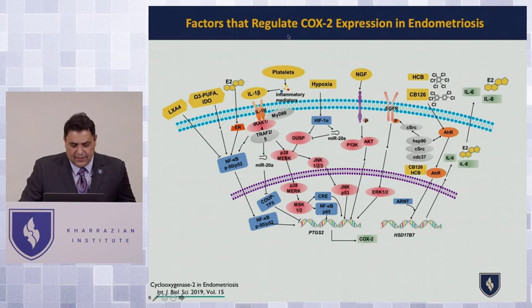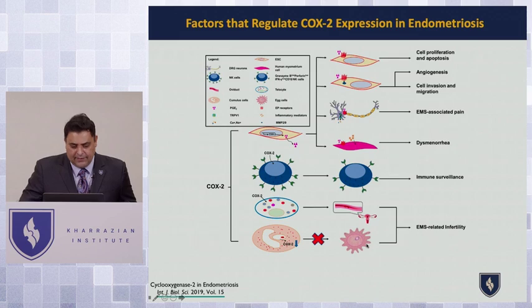Here you can see that these inflammatory cytokines in peritoneal tissue turn on COX-2, which activates the prostaglandin E2 pathway, which is the arachidonic acid pathway. They can have a significant impact on endometriosis development. So COX-2, activated by prostaglandin E2, really turns on the inflammatory response that leads to endometriosis-induced dysmenorrhea and infertility.